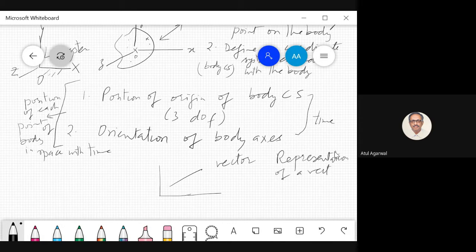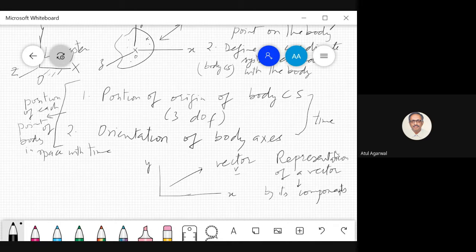Yes, anybody? So this is a vector V. You can represent the vector by its components. That's the best way to represent a vector.